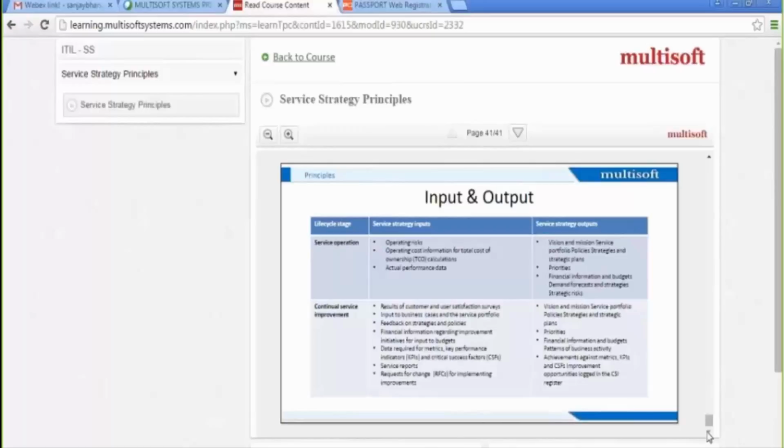If I am getting any change request for improvement, that request will go from CSI. Any improvement, any quality things: if I need to improve the quality of this service, that is done by continual service improvement.